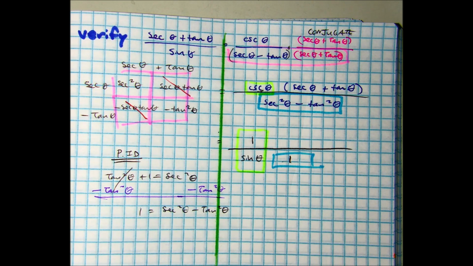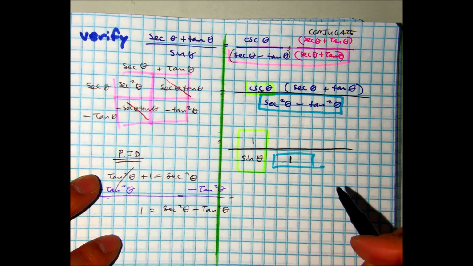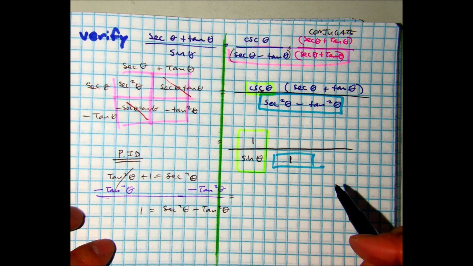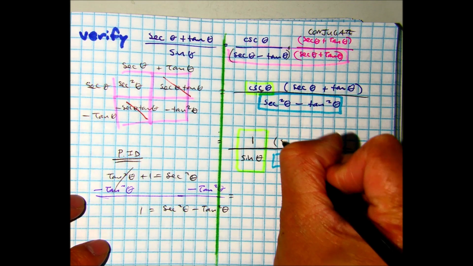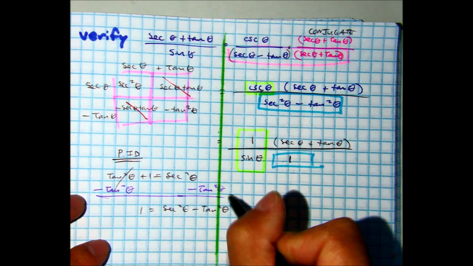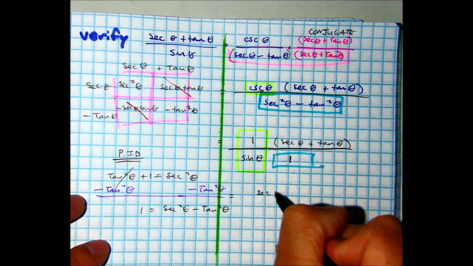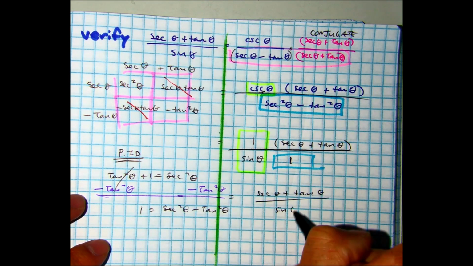And Marisol, what's left in the numerator? Theta plus theta. So to clean it up, I just have secant of theta plus tangent of theta all over sine of theta.